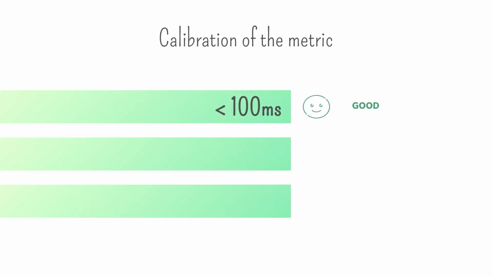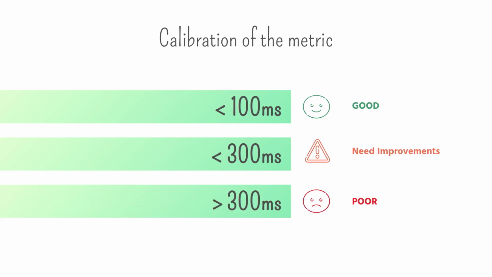If your score is less than 100 milliseconds, your FID score is good. But if your FID score is between 100 milliseconds and 300 milliseconds, your FID score needs improvement. And if your score is above 300 milliseconds, your FID score is very poor. And there are a lot of things to improve that.